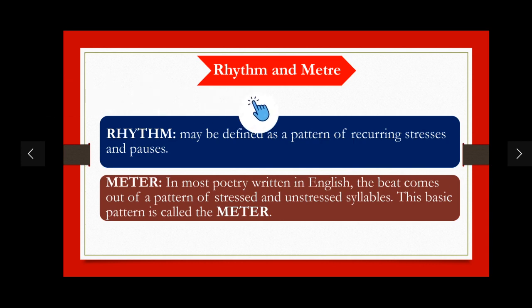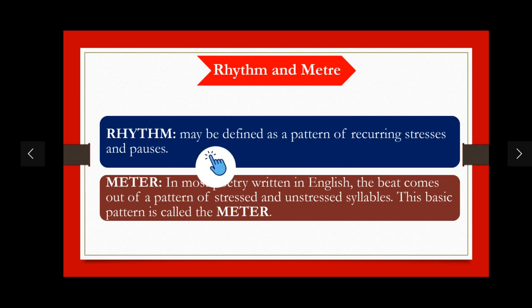Rhythm and meter. Rhythm may be defined as a pattern of recurring stresses and pauses. So what does recurring mean? Recurring means that something that happens again and again, or the repetition of something. So when in a line of poetry stressed and unstressed syllables are repeated again and again, this repetition of unstressed and stressed syllables forms a rhythm.